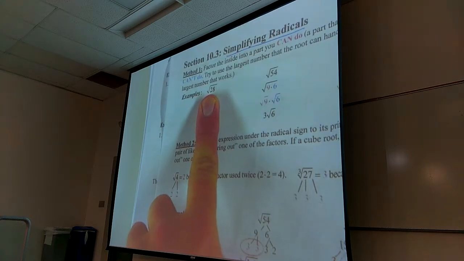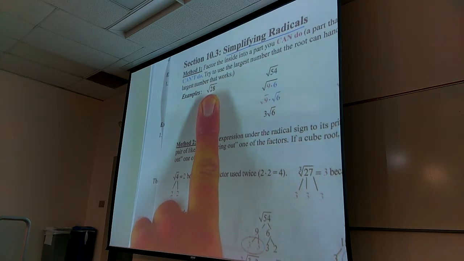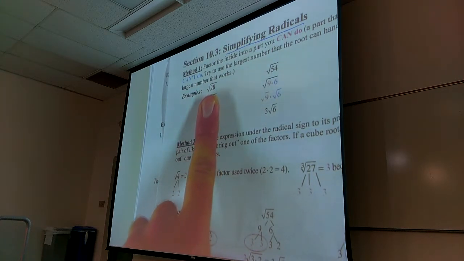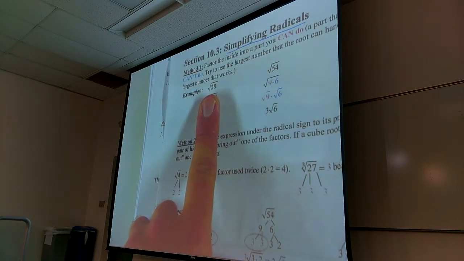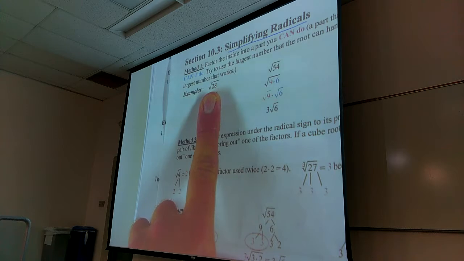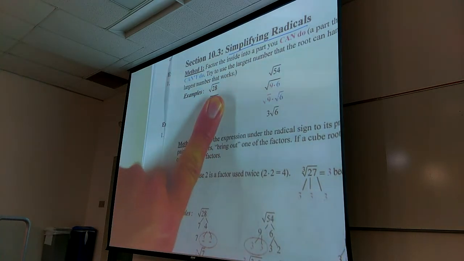What's 28 just barely above that I could do the square root of? 25. What's the square root of 25? 5. So the square root of 28 is going to be a little more than 5. So if you had to give me a number, you'd say maybe 5.1 or 5.2, right? Do you guys understand that? And I know you can plug it into the calculator to get the exact answer, but that means you didn't do anything except that. So I'd rather do something in your head. The square root of 28, though, does have a part that I can do something with.